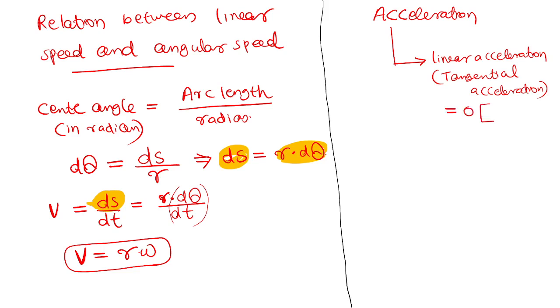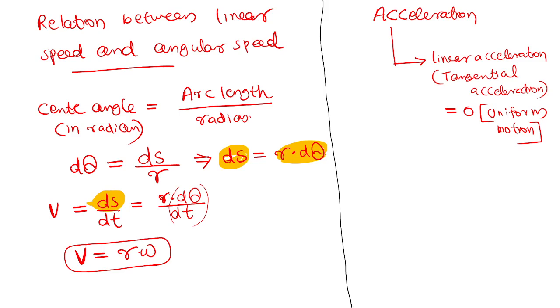This is 0 only for uniform motion. So in this particular context, my bike's linear acceleration will be 0. Linear acceleration means the acceleration of my bike. I am not increasing my speed, hence the acceleration along the track will be 0.